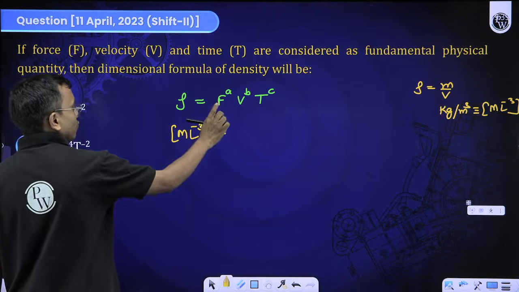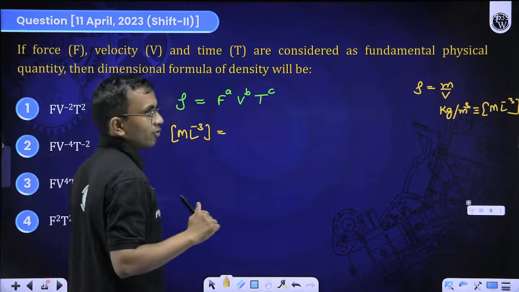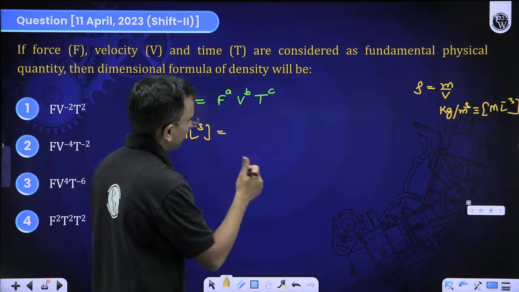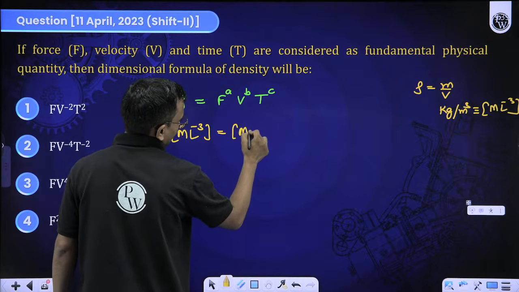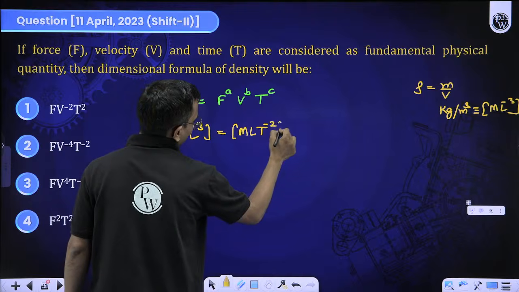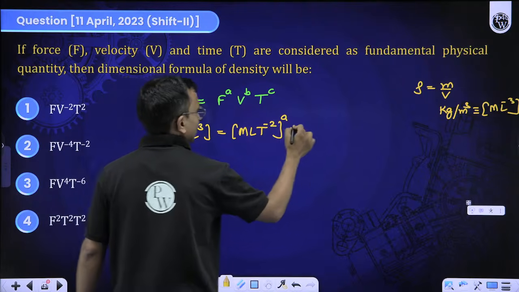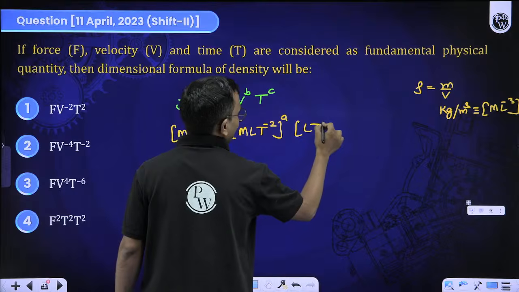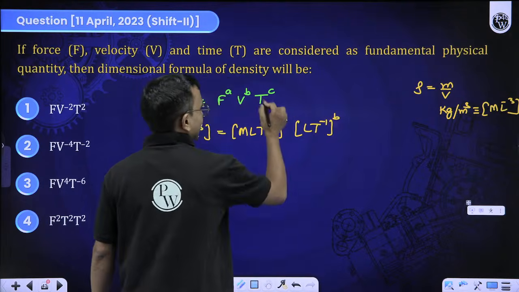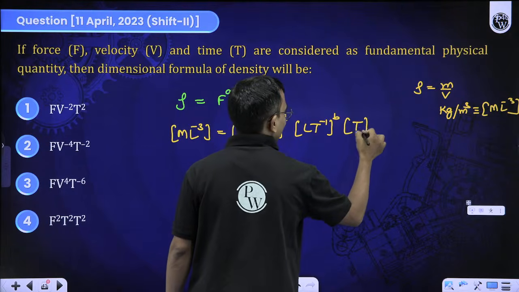On the right side, this is force. What are the dimensions of force? MLT minus 2. So you can put MLT minus 2 to the power A. Velocity is meter per second, so LT minus 1 to the power B. Time is just T to the power C.